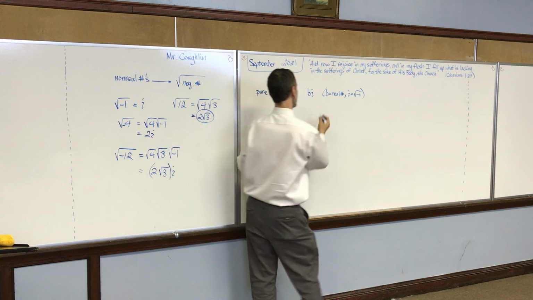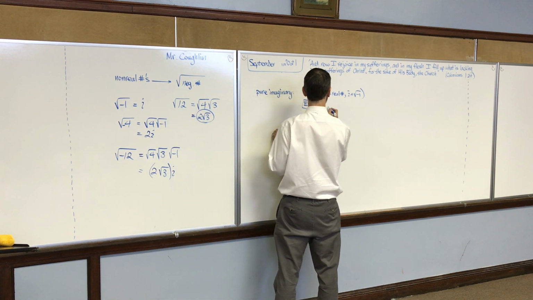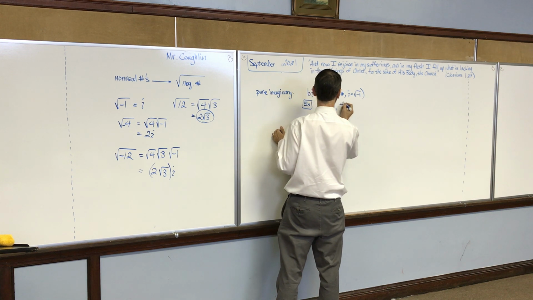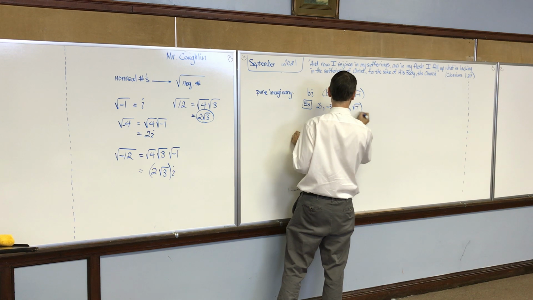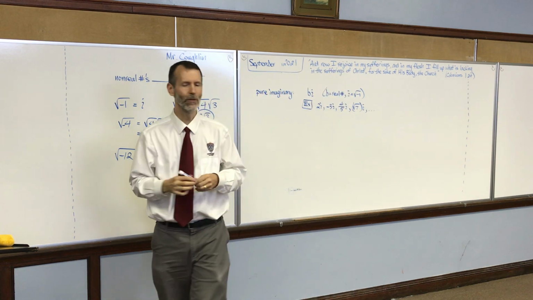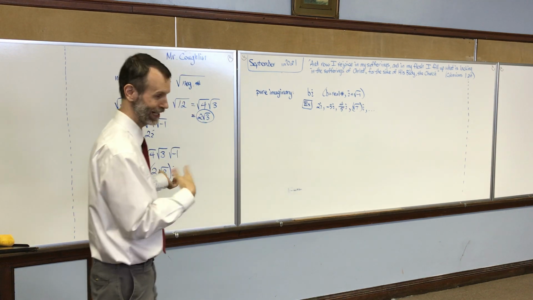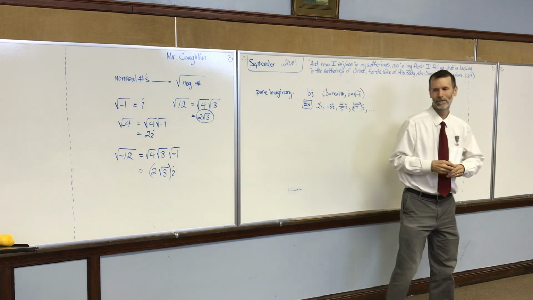So for example, 2i, negative 3i, 4 over 5i. You can get really exotic, radical 7 times i, and so on. Any real number, no matter how nice or icky, times i would be called a pure imaginary number.